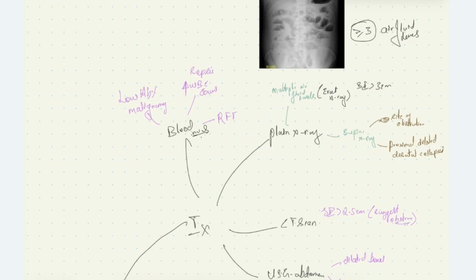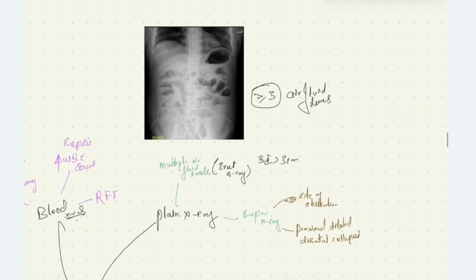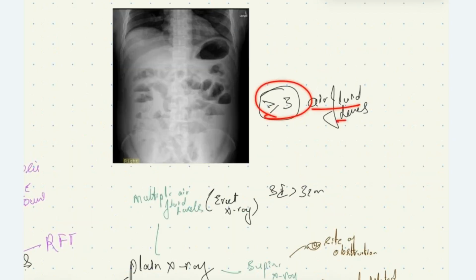On plain X-ray, we'll take an erect plain X-ray as well as a supine plain X-ray. On erect plain X-ray, the patient will have multiple air fluid levels. The reason, as I mentioned, is that due to vigorous peristalsis, there will be churning of air against the obstruction, and it leads to multiple air fluid levels. Usually there are 3 or more air fluid levels in intestinal obstruction.